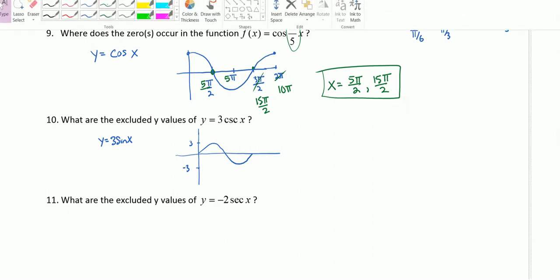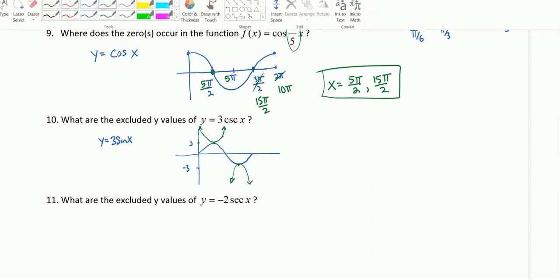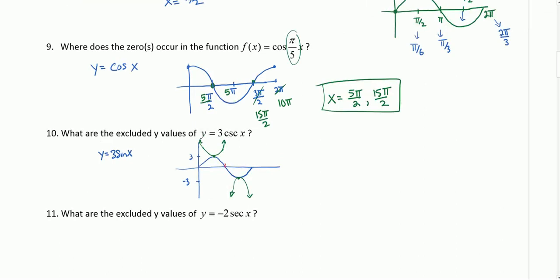The cosecant function is the reciprocal, so where there's a max it opens up, where there's a min it opens down, and where sine is equal to 0 is where our function is undefined.